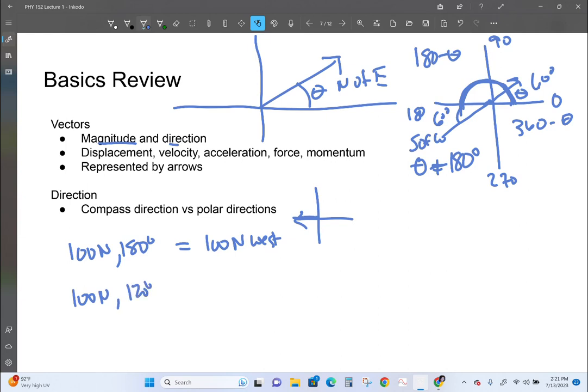Well, I would go 90 and 30 degrees over, right? So that angle would be the same thing as 30 degrees. And let's look at that. That angle is 30 degrees to the west of north.